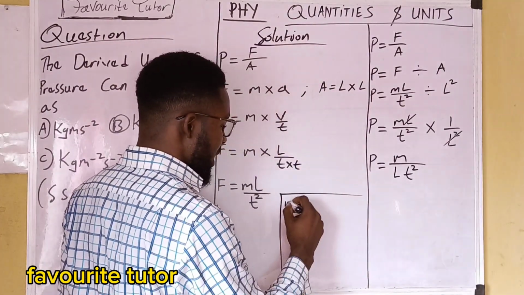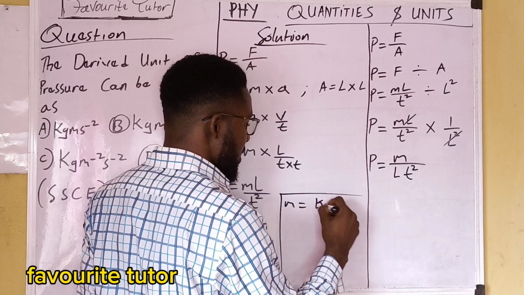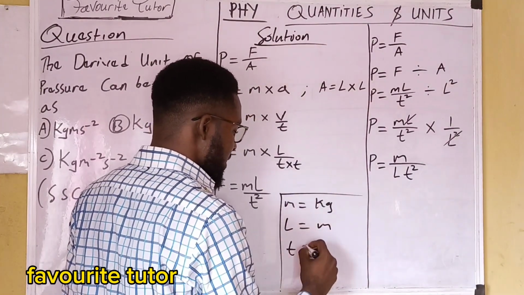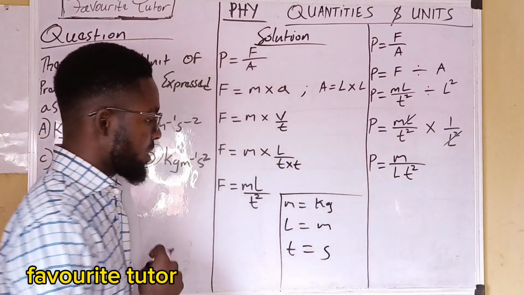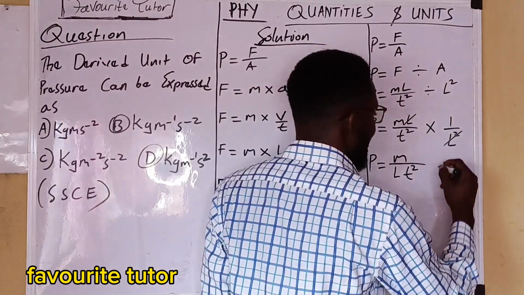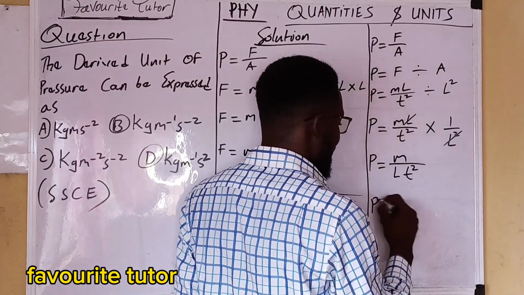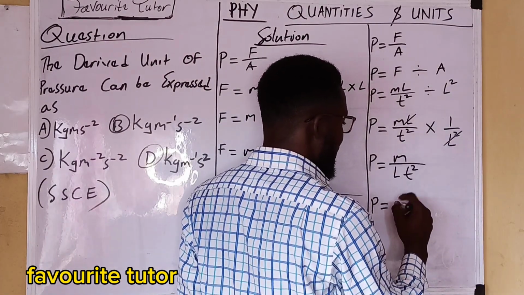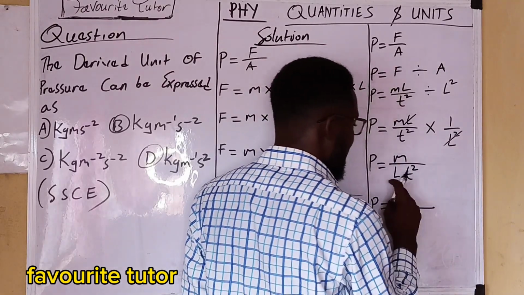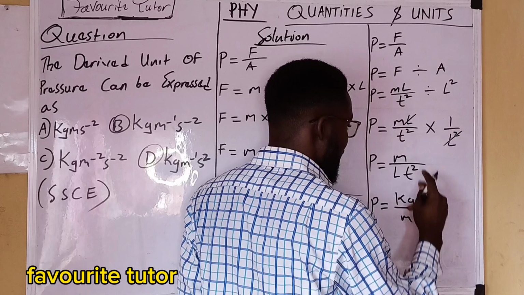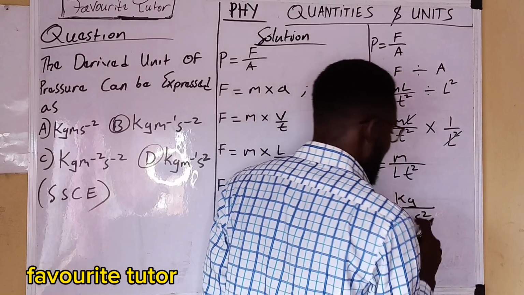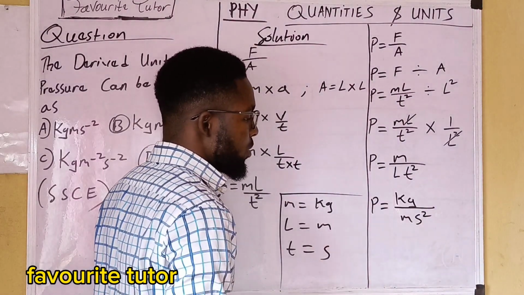Now let us bring out the unit. We know that mass is kilogram, length is meter, and time is in seconds. That's the standard unit for the quantities. So therefore, we say that pressure is equal to mass, which is kilogram, all over length, which is in meter, and time, which is in seconds square.